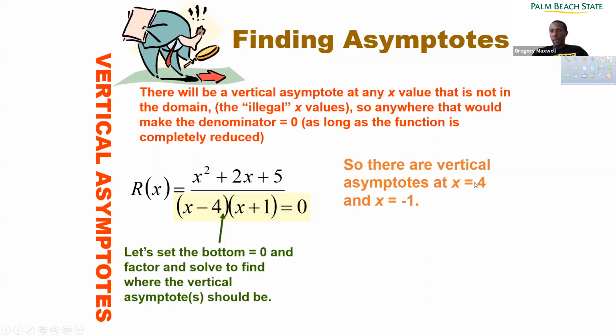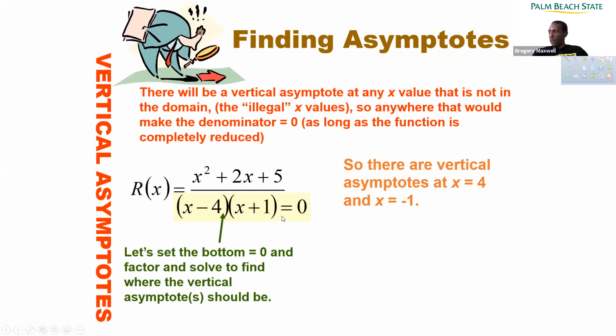So for example, when I plug in 4 into the numerator, I don't get 0. And when I plug in -1 into the numerator, I get 1 minus 2 plus 5. That's 4. So when I plug in 4 and -1 into the numerator, I don't get 0.